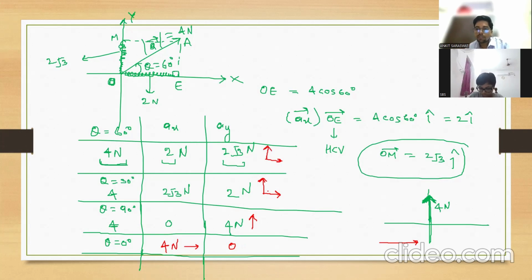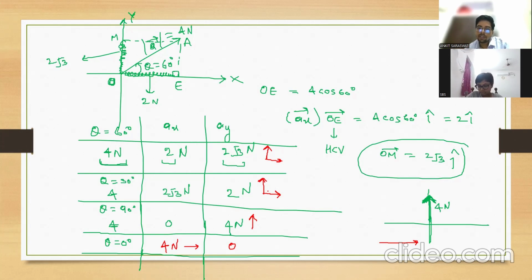So you have seen that when theta is 60, 30, 45, any angle between 0 and 90, you will see the projection on the x-axis and y-axis. But when theta is 90 degree, there is no shadow on the x-axis. The entire length you will observe on the y-axis.